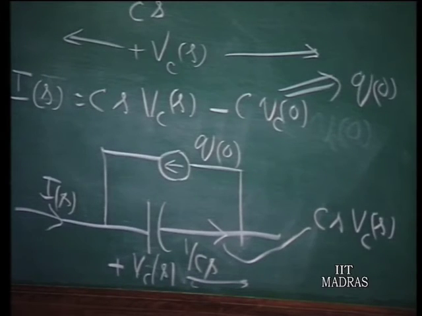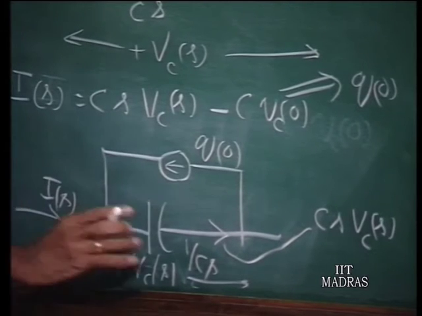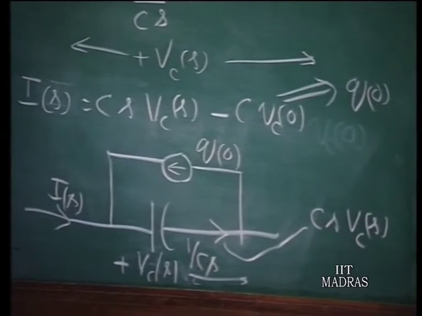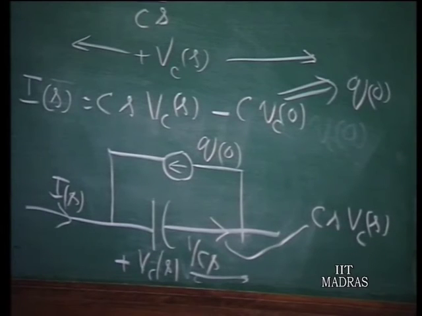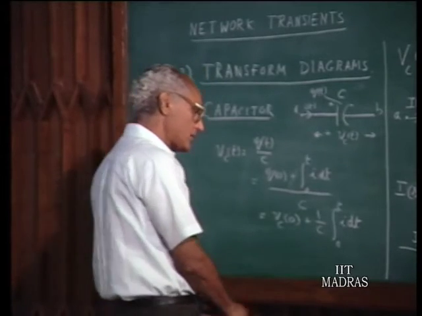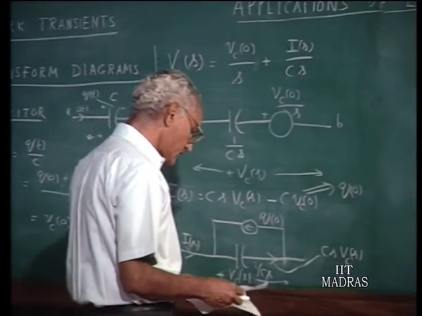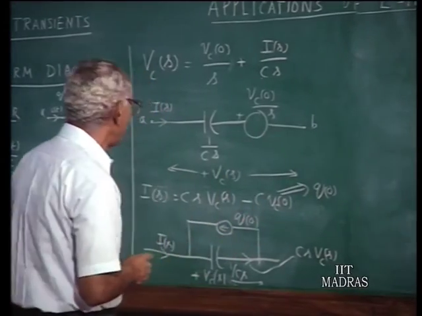You observe that we are now modeling a capacitor in terms of a generalized impedance 1 over Cs, just as we have in AC circuit analysis. You talk about the impedance of a capacitor as 1 over j omega C. In the transform domain, we are thinking of the impedance of the capacitor as 1 over Cs. More about this later. Now, what is the corresponding situation for an inductor?